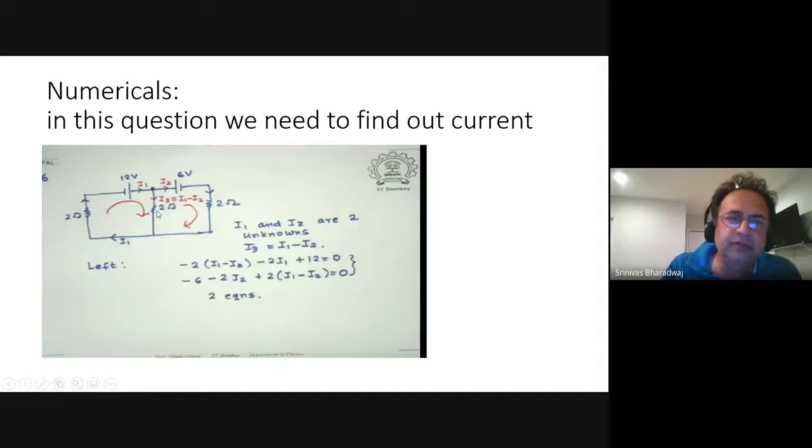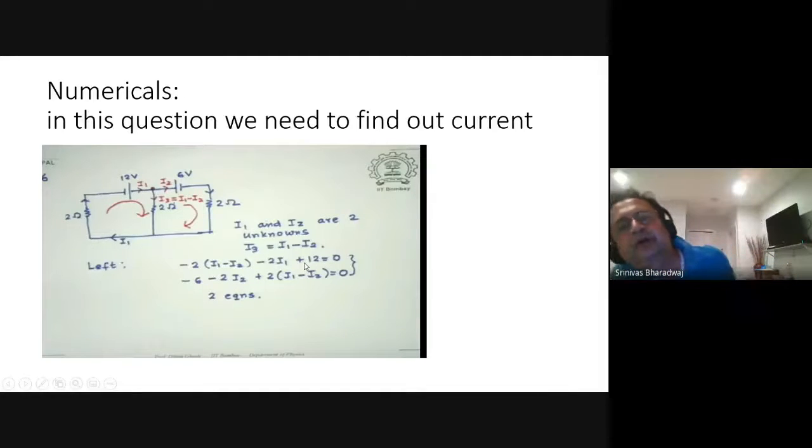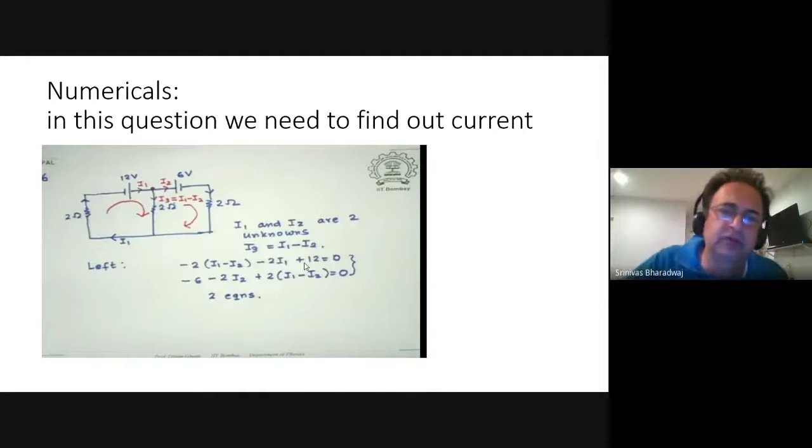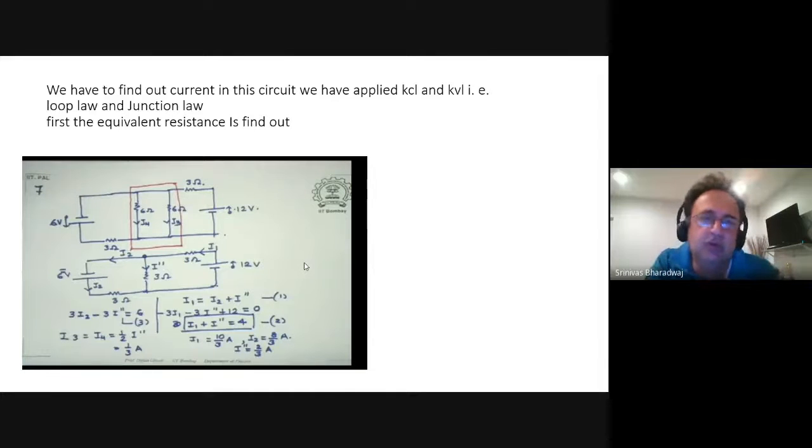Now this loop: minus 6, minus I2 times 2, and when you go this way, plus 2 times I3 equals 0. So using these two equations, you have two equations and two unknowns. Then you just solve for I1 and I2 using algebra. That's how you solve these problems.